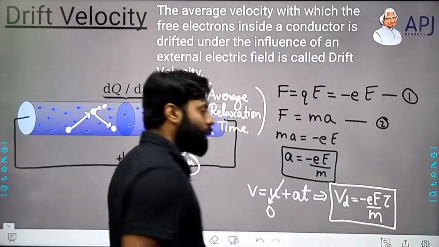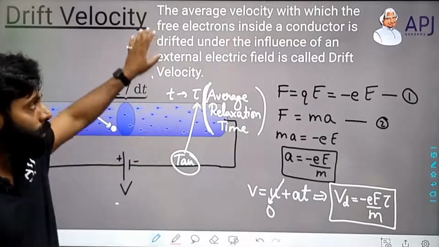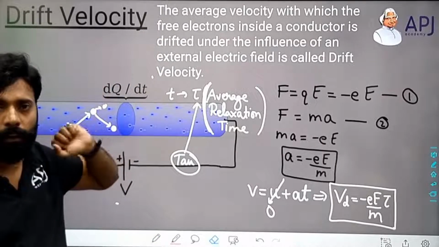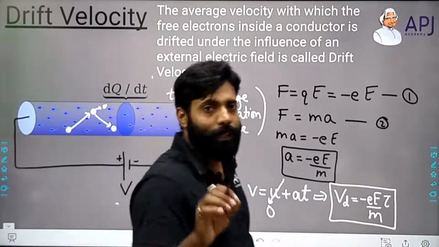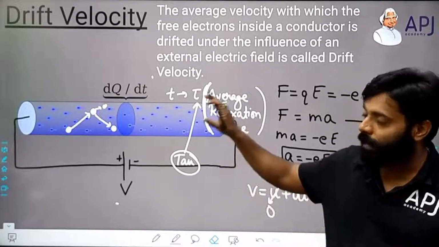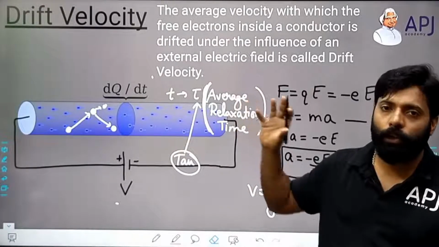So this is the drift velocity which we are getting, right? Please note this. This is the average velocity with which the free electrons inside a conductor are moving, and even this velocity is very small. The electron density in a conductor is a very huge amount.